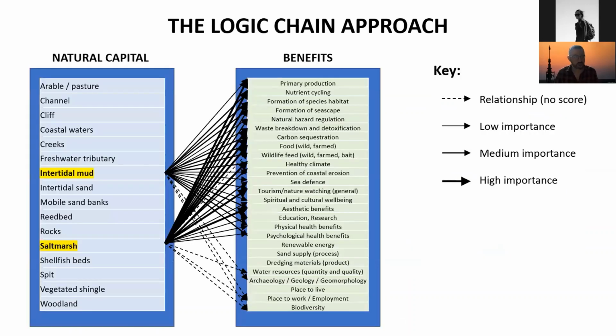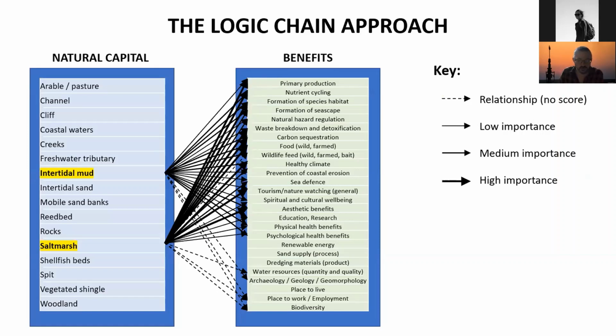And what we did was start to develop this concept of a logic chain, this flow of information or resources from the system to different stakeholders, and how we can understand the flow of the service through to the stakeholders. From the matrix, we knew we had some data about the benefits of particular types of habitats.